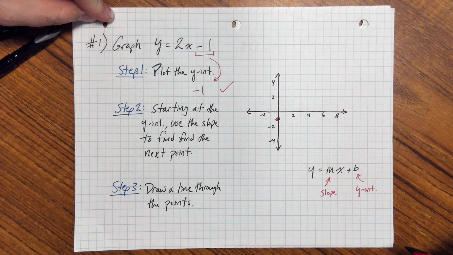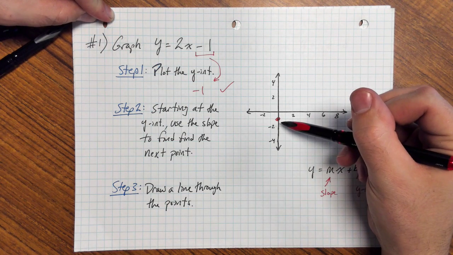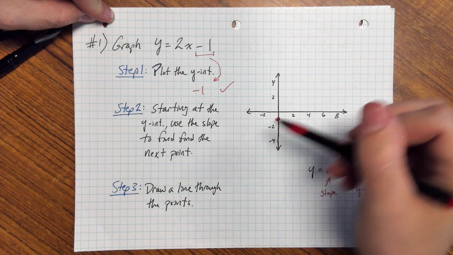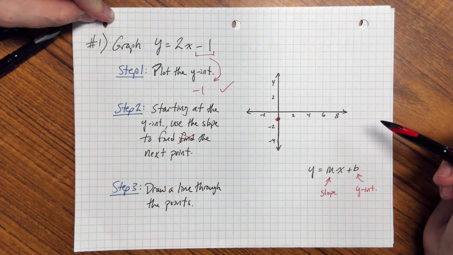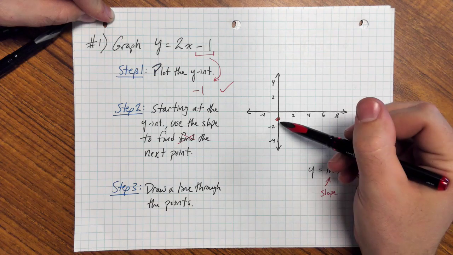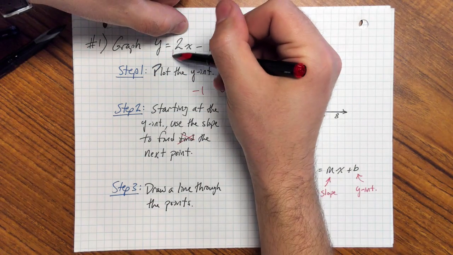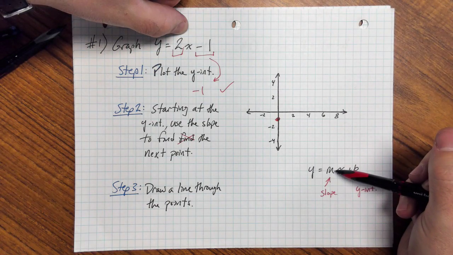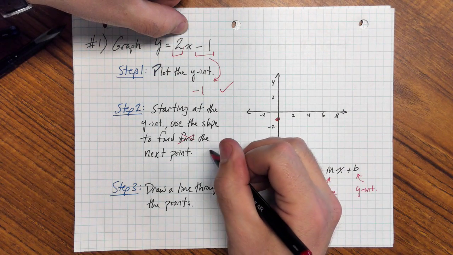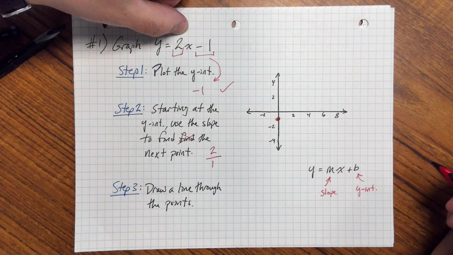That's done. Second step, starting at the y-intercept, where we just put a point, use the slope to find the next point. Here's our slope, it's in the place of m. Our slope is 2, or 2 over 1.